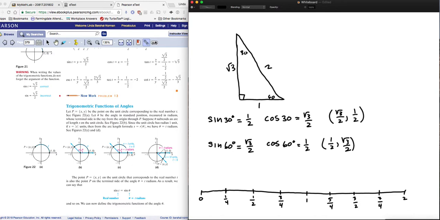All right, 30 degrees, I'm sorry, 1/6, we figured this out before, right? 30 degrees is pi over 6, so 1/6 would be on this side. 2/6 or 1/3 would be on this side.